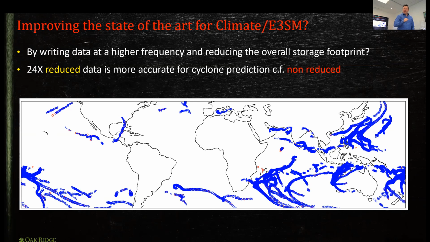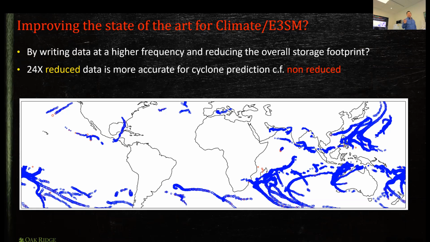We're going to output a lot more data, but then we're going to reduce it, not with their statistical averaging, but a different way. And what you find is that we get more accurate cyclone prediction. This is not subject to atmospheric rivers, but we actually get more accurate output. And we get a 24x reduction.